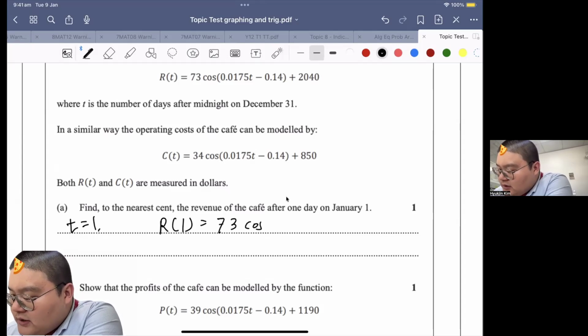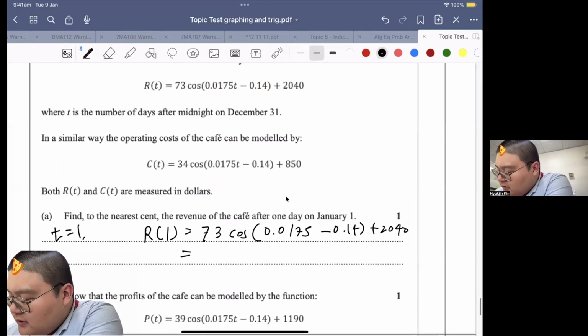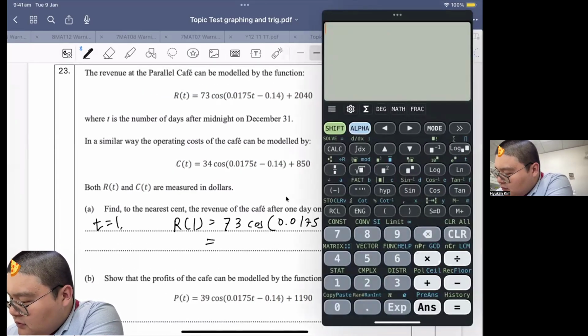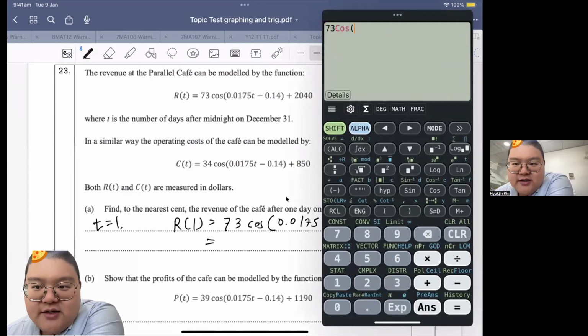73 cos 0.0175 times 1 is just that, 0.14 plus 2040, which is... you guys can skip like 10 seconds.